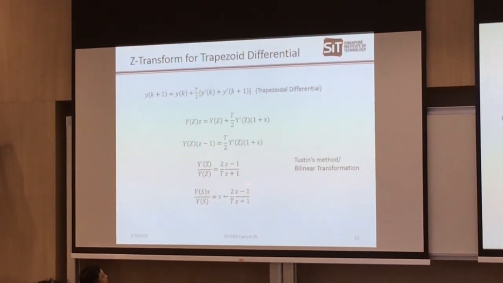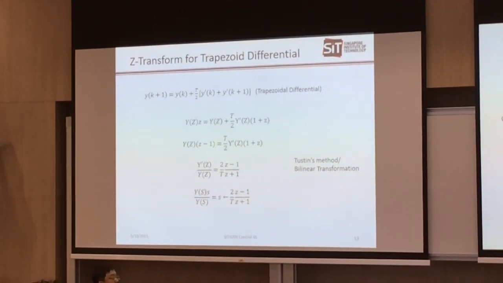And you will notice a certain relationship between the s operator and your z operator. This is something we are going to learn further in 2 weeks' time, something called the Tustin method, for the digital approximation of integration. Sometimes you also call it the bilinear transformation.